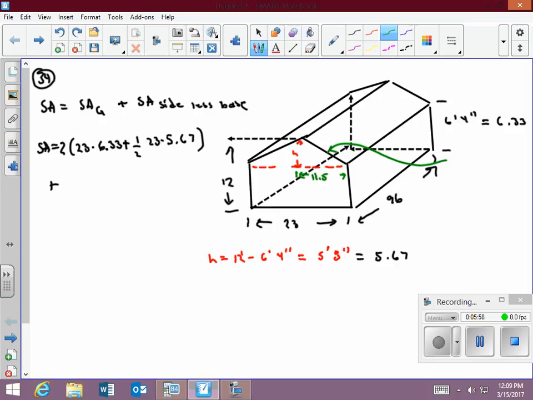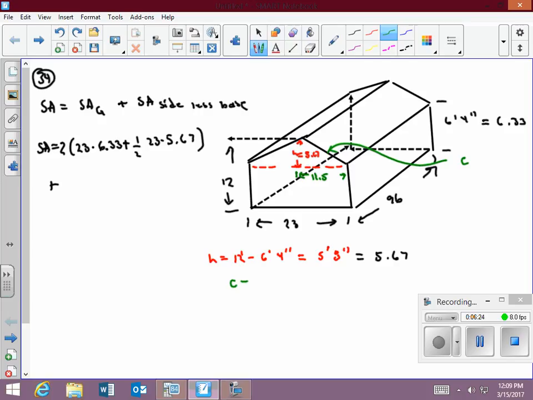And this one, we calculated to be 5.67. So then we can figure out this, I guess we could call it C, because it's the hypotenuse of the right triangle.